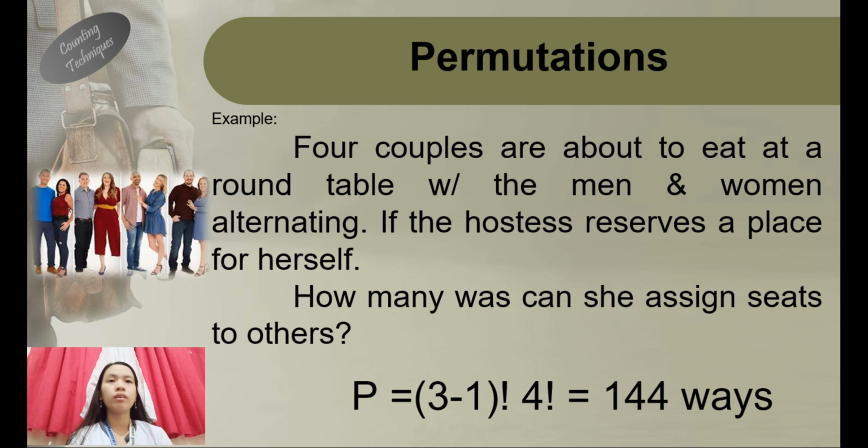So, our solution for this is P equals the quantity of 4 minus 1 factorial times 4 factorial. So, 4 minus 1 is equal to 3. We have 3 factorial, which is 6, times 4 factorial. So, we have 144 ways.